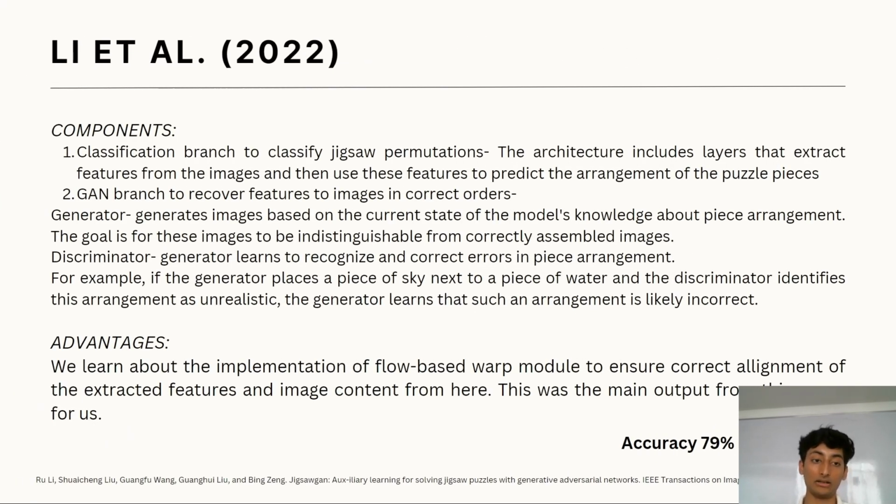And it's an important paper because our work is mainly based on this particular paper, and we have drawn different things from it. We learned about the implementation of a flow-based warp module that this paper proposes, and we have also tried to integrate it into our networks to ensure correct alignment of the extracted features and image content. So this was the main output from this paper for us.